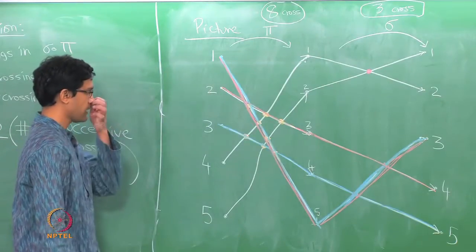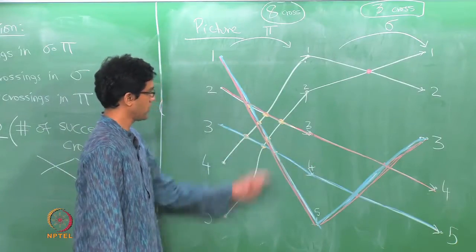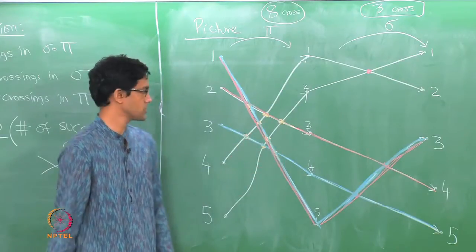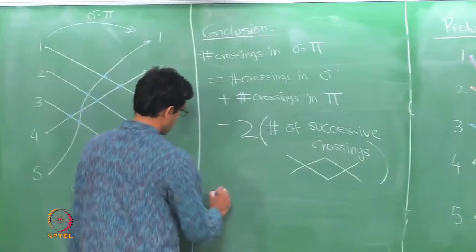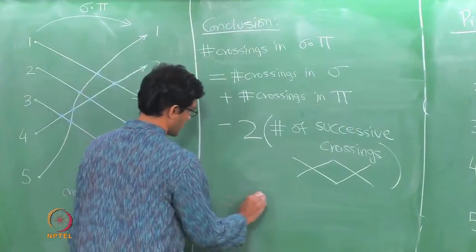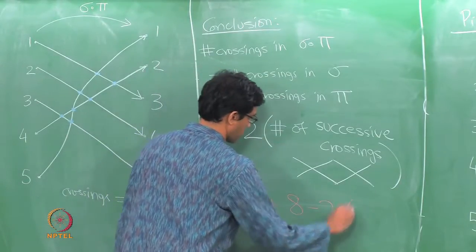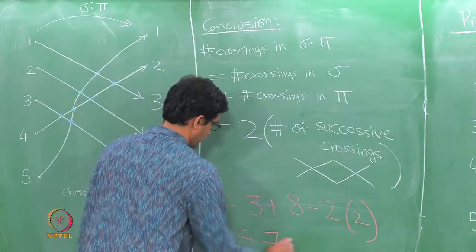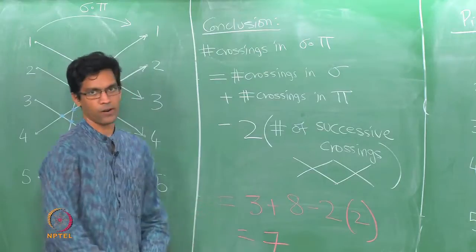So what is marked in the diagram, the blue lines give you one successive crossing and the red lines give you another. So there are 2 successive crossings in this diagram, and this formula in this example gives the following. There are 3 crossings in sigma, 8 crossings in pi and 2 successive crossings. So 11 minus 2 times 2, which is exactly 7 crossings. So the number of crossings in the composition is exactly given by this formula.